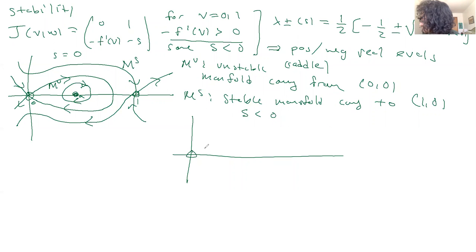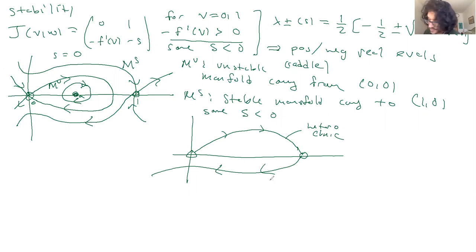So what happens with that particular value of S is that we make a heteroclinic right here that's going to represent our traveling front solution. And then we have a manifold that emanates out that way, and then we have this manifold here, and then we have this manifold here, okay?